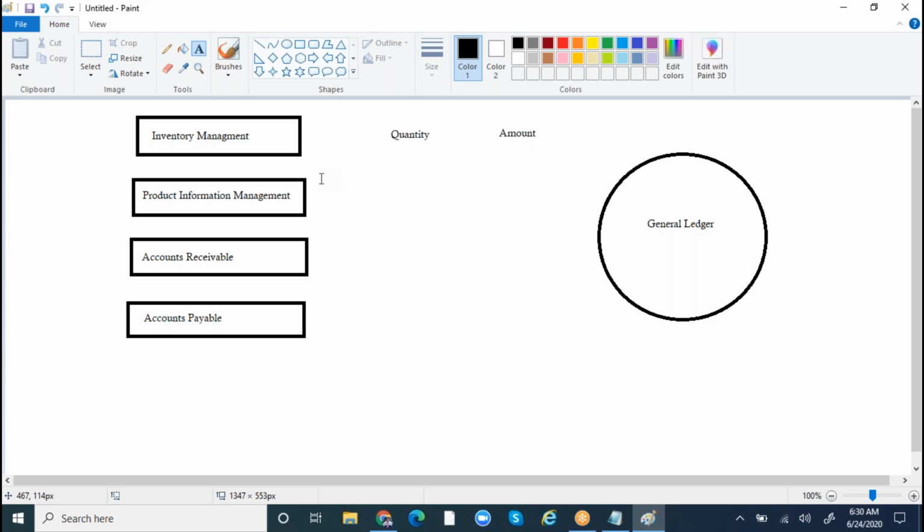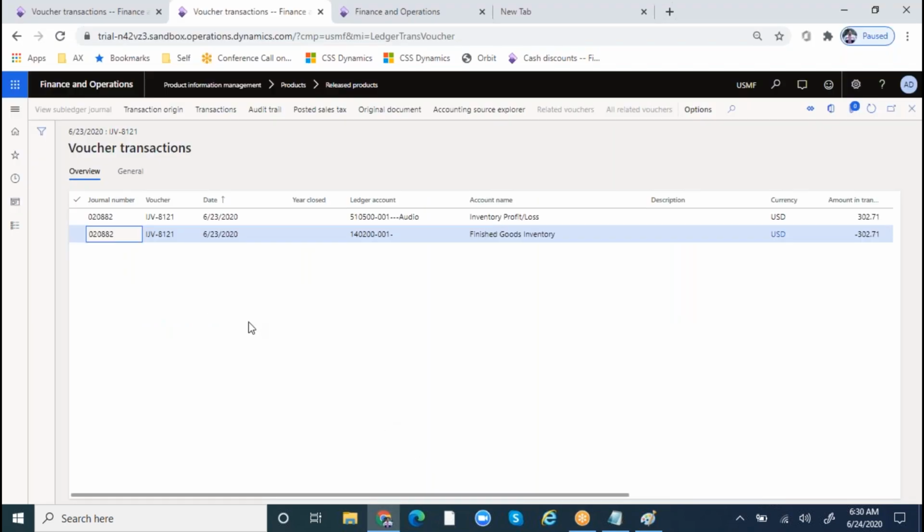related to that specific item, so basically we are going to item only. The item may be related to a specific group. Say I'm doing some finished good adjustment.